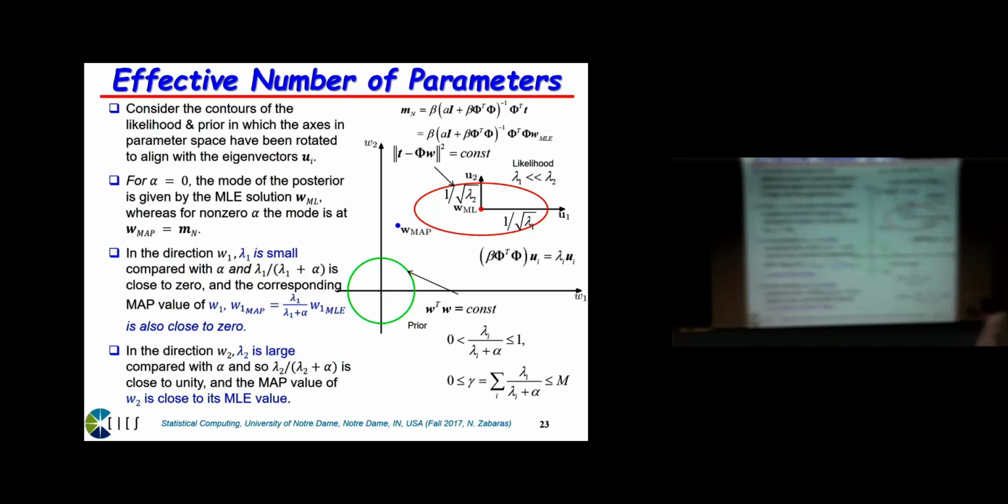This axis is 1 over the square root of lambda 1, and this is 1 over the square root of lambda 2. The eigenvalue lambda 1 here is the smallest, and lambda 2 is the biggest. I'm doing this again in 2 dimensions, and this is the MLE estimate of W. It's basically the W that minimizes this error.